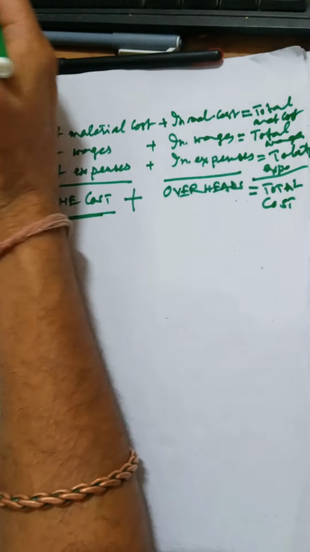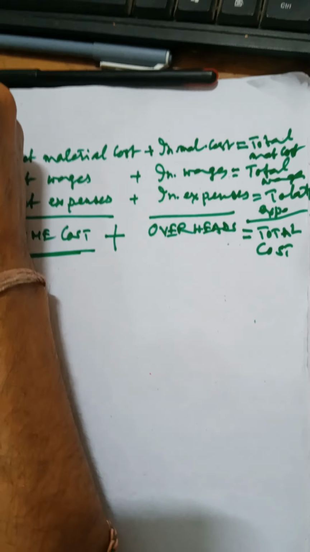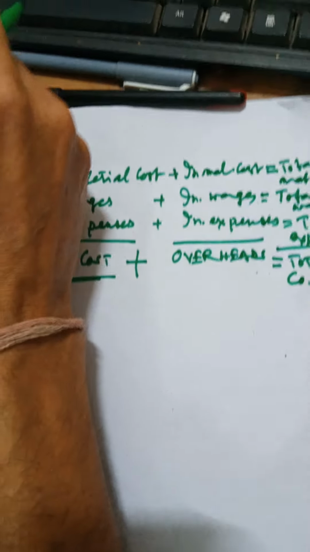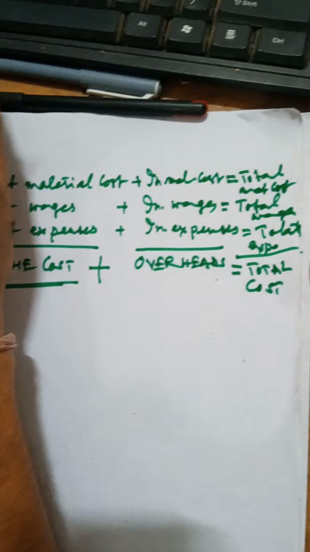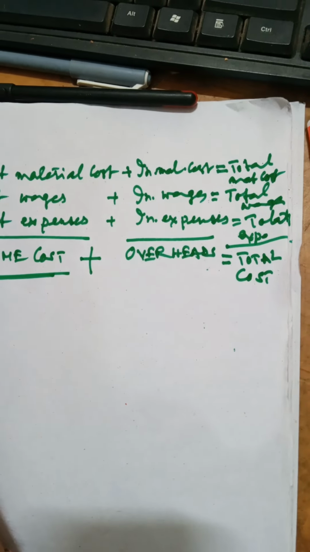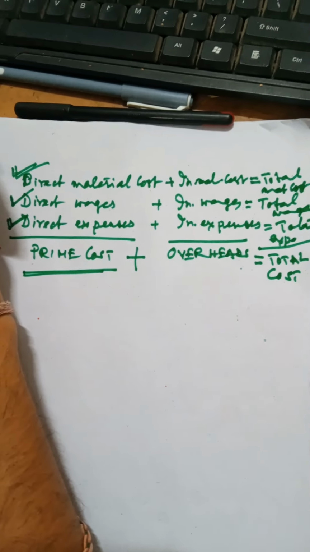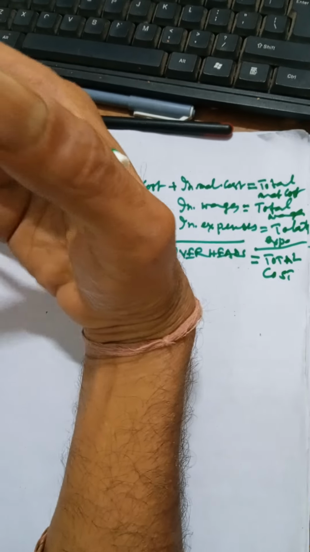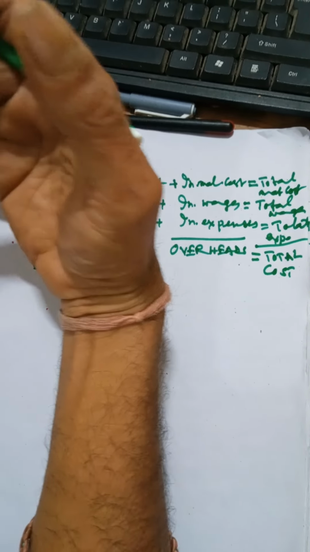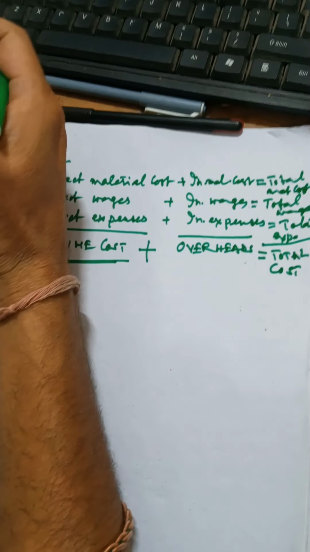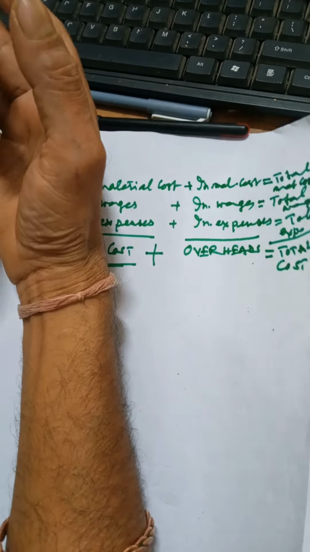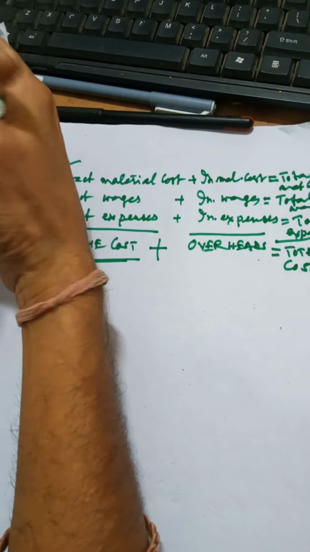Say for example, the sandpapers needed to smooth the woods in furniture business are indirect material cost, because sandpapers are not physically present in the final product. Indirect wages. So what is indirect wages? Indirect wages means the wages of the employees who are paid according to time rate system of payment, that is either weekly, fortnightly or monthly.